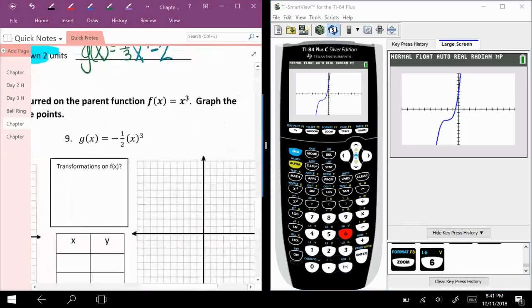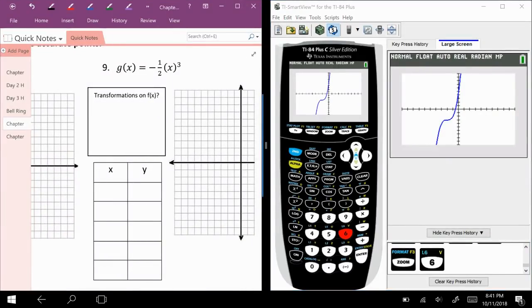Okay, we got one more. Here we go. -1/2. This negative means I am reflecting. So reflect. Now there's a difference between the x and the y. This one is the x. It's right next to the equal sign. So that's over the x-axis.